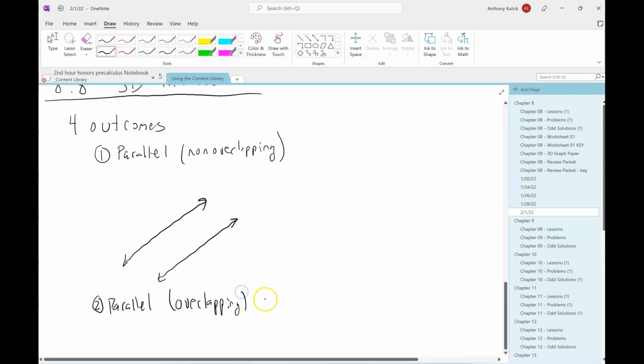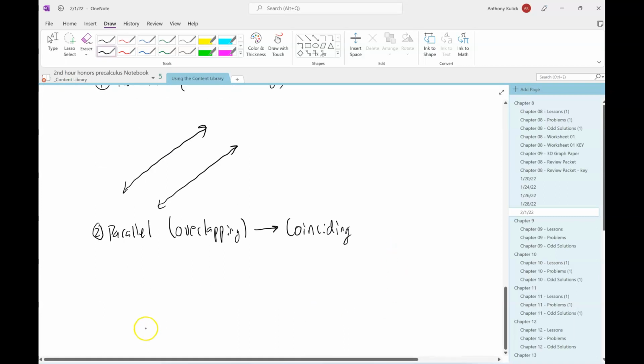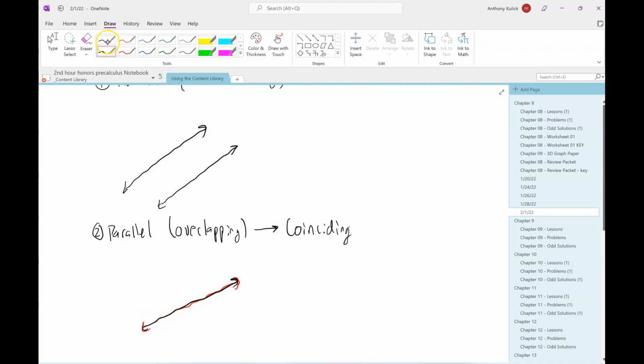Second, lines can be parallel and overlapping. We sometimes call this coinciding. So imagine the 2 lines are in the same plane. One line is right there, and the other line is right there on top of it.